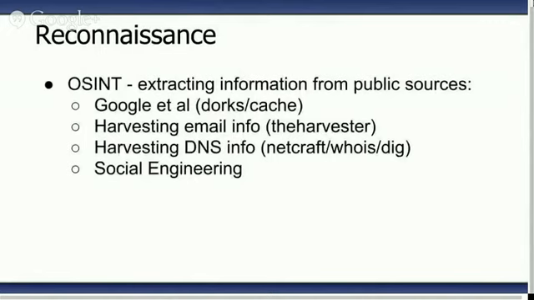On the previous slide I mentioned there were four steps: reconnaissance, scanning, exploitation, and maintaining access. Those are the four basic steps that a pen tester will use when they're doing their work. So I start off with reconnaissance. Again, this is not something that I did for this particular engagement, because I knew the people.